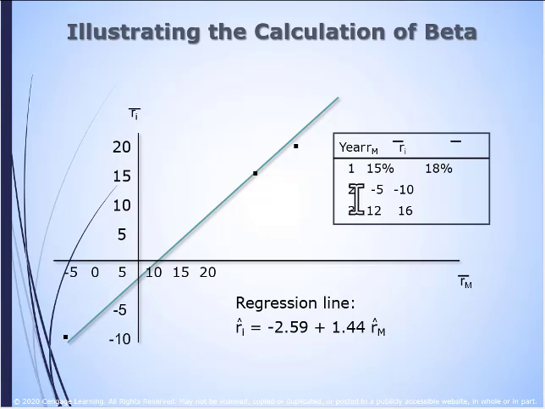So you have negative 10, negative 5. That's this point right here. When you do this statistic, the slope of this line is the measurement of the overall beta of the company.